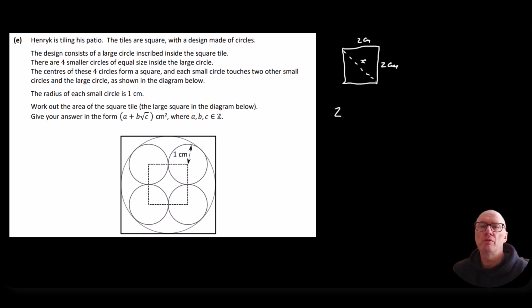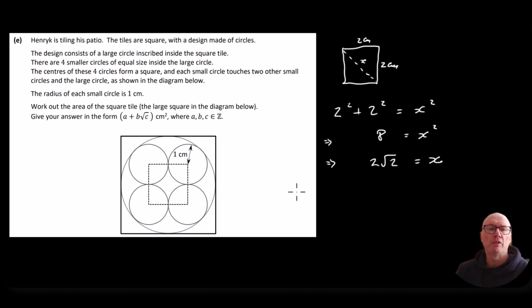So you got 2 squared plus 2 squared is equal to x squared using Pythagoras' theorem. So x squared is equal to 4 and 4, 8. So the square root of 8 is 2 root 2. So now I know that this distance here, the distance from here to here, is 2 root 2. I know that this distance here is 1 centimeter, and I know that this distance here is 1 centimeter as well.